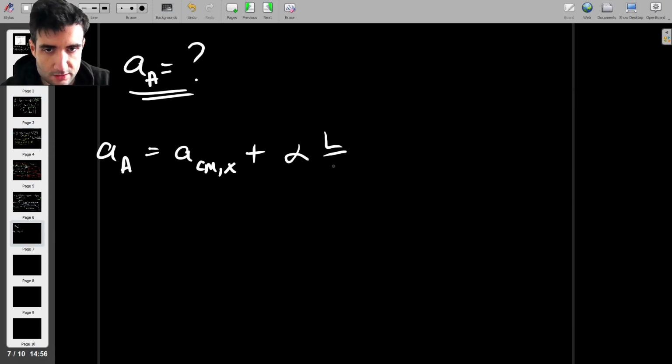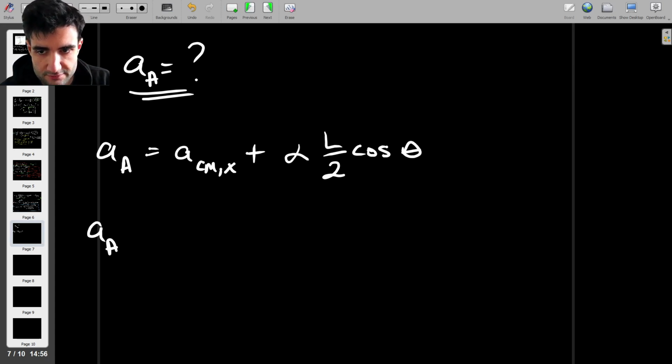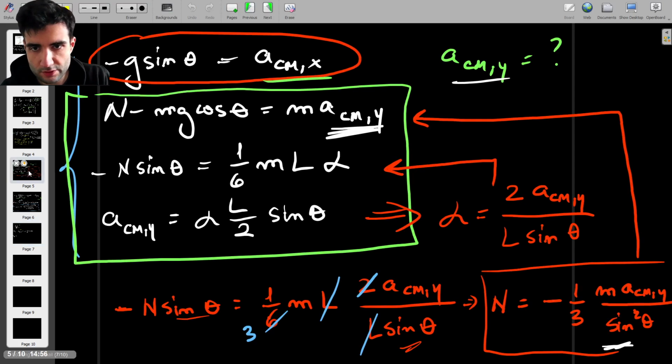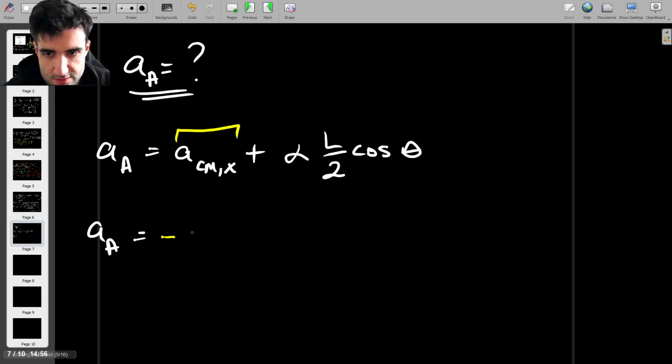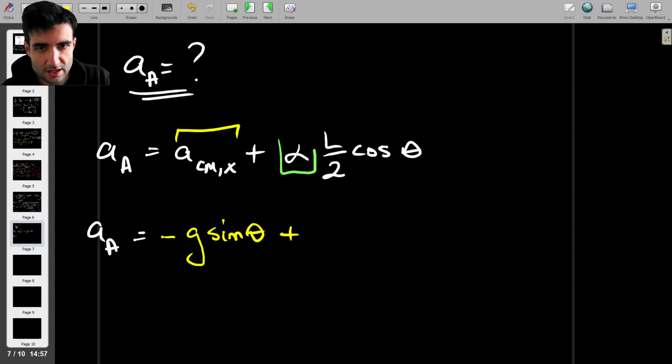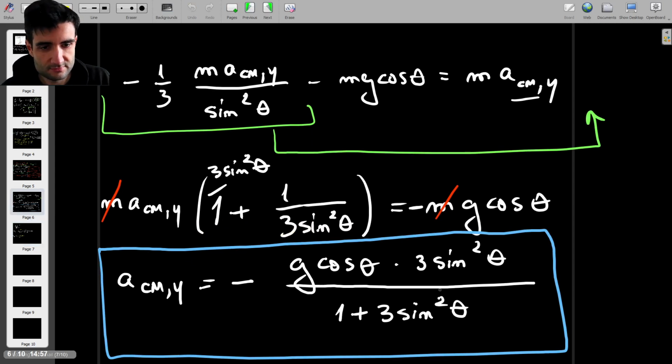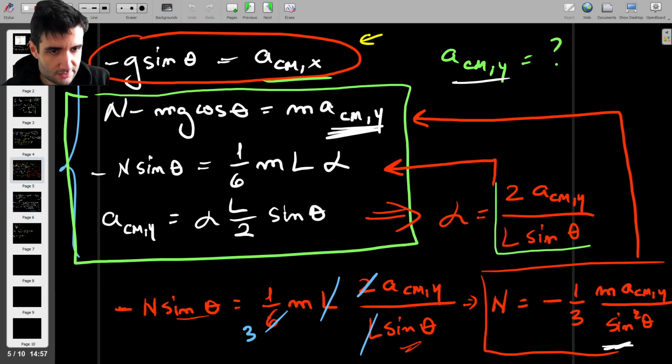It's alpha L over 2 cosine of theta. So the acceleration of A therefore becomes this, which we already know as minus g sine theta. And then plus, now alpha, we know what alpha is in terms of the y acceleration. So let's first write alpha as this.